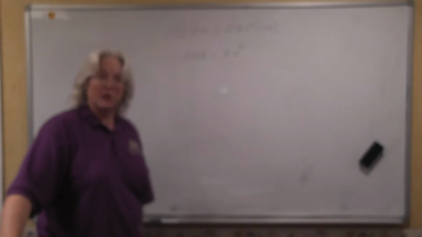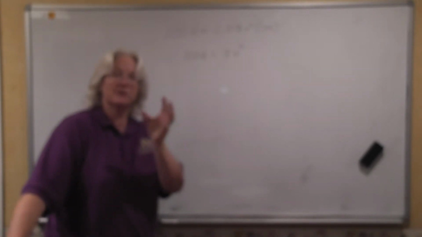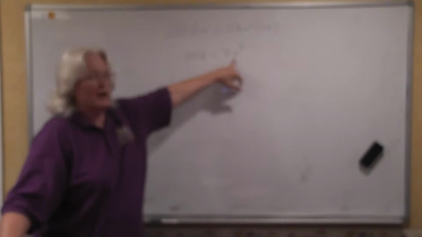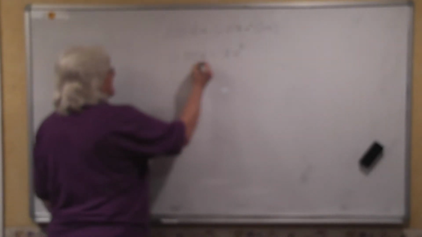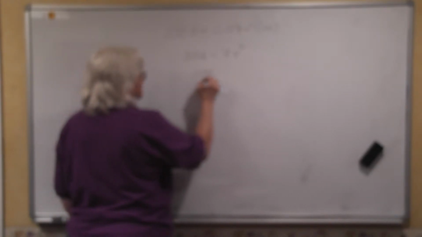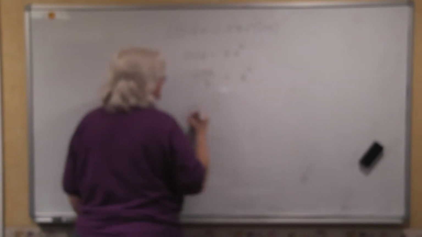Okay, what are we solving for? We're solving for V, and you're going to get some real algebra going on here, so get your minds totally focused in here. First, I need to divide both sides of this equation by 7. And I have 100D divided by 7 is equal to V squared.